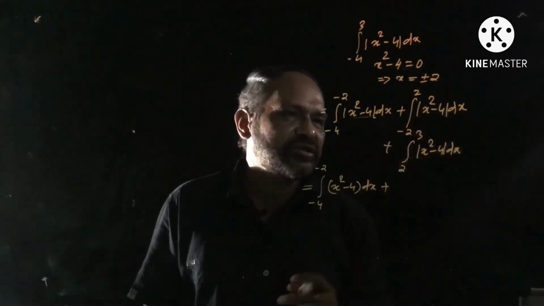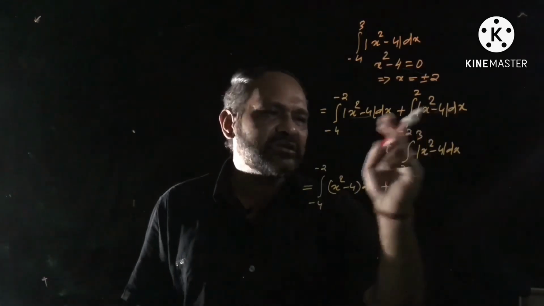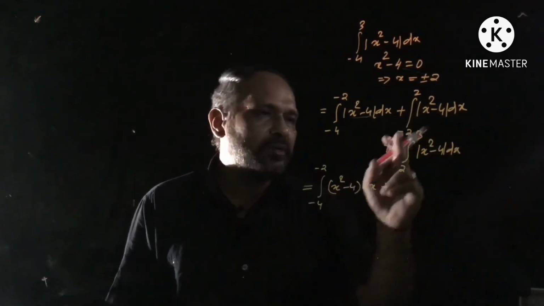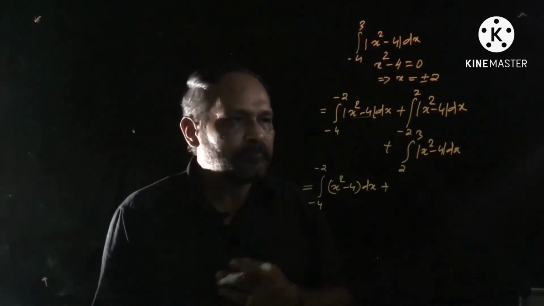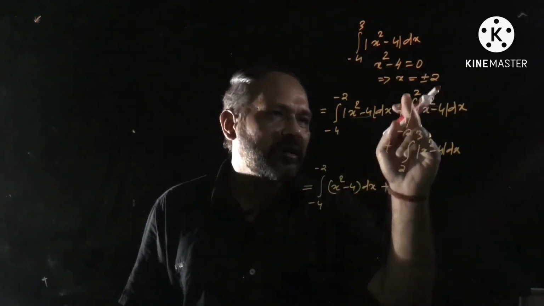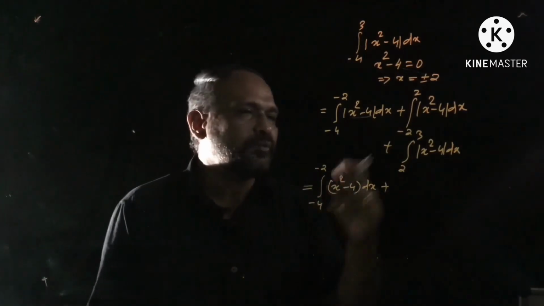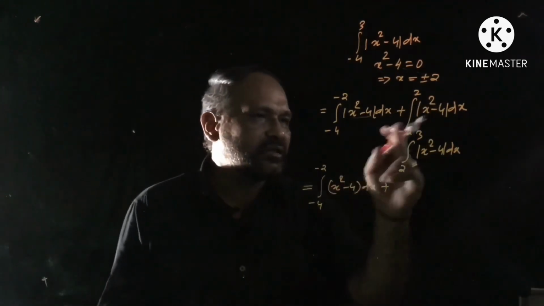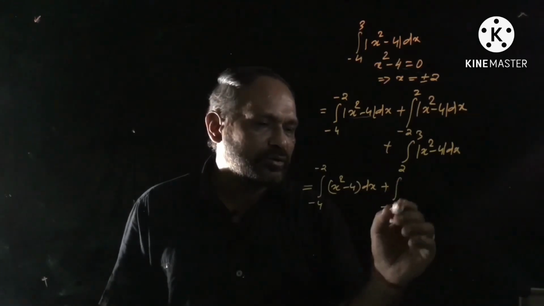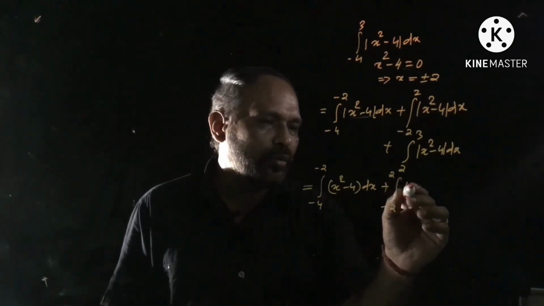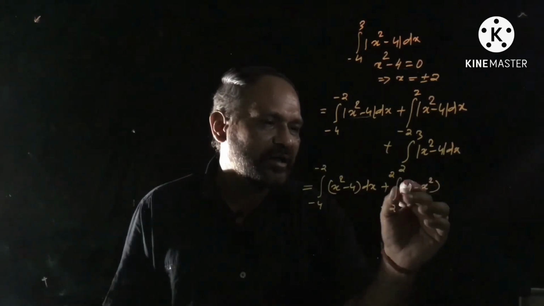If we take x is equal to 2, then this is equal to 0. If we take x is equal to minus 2, then this is also 0. Now we take any number between minus 2 and 2. If we take x is equal to 0, then this is minus 4, negative. So we can write integral from minus 2 to 2 of 4 minus x square dx.